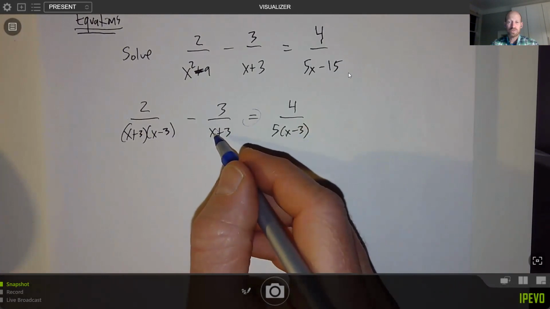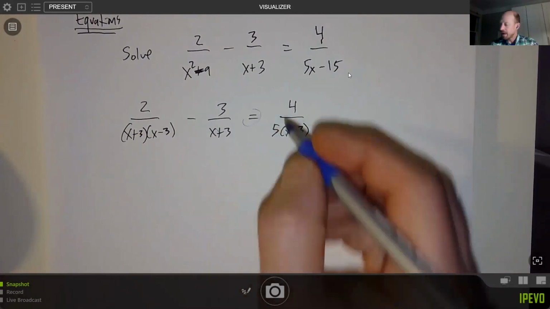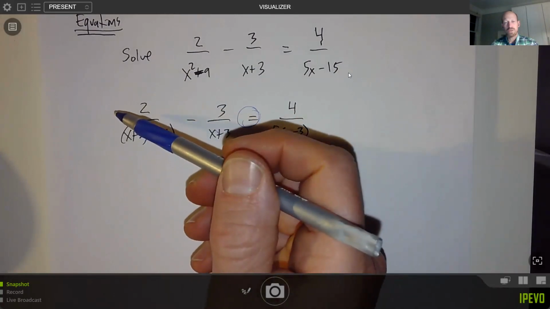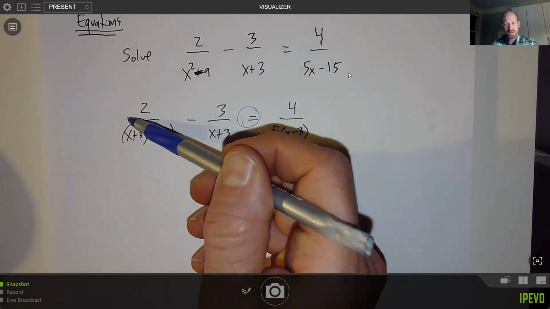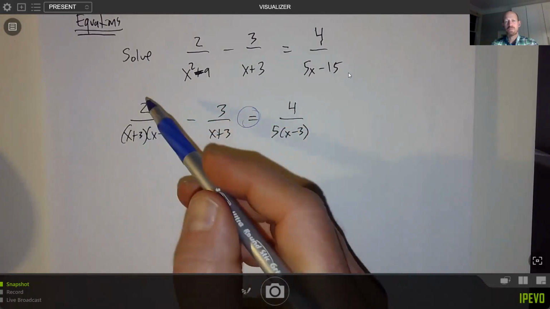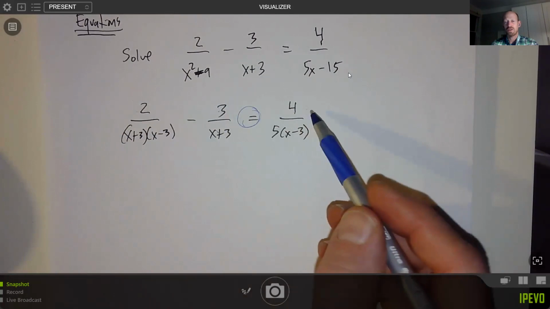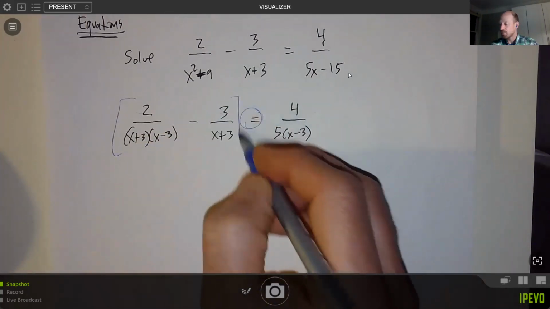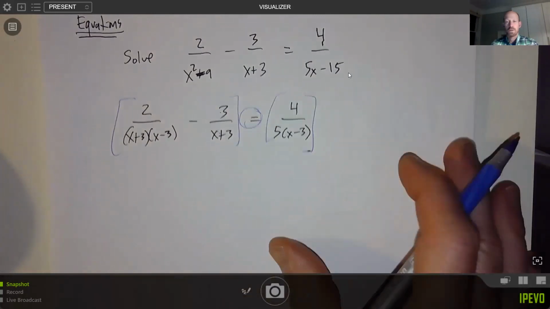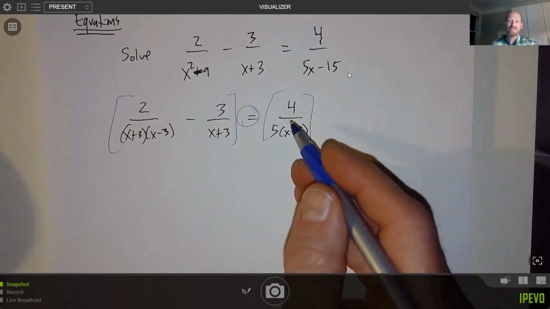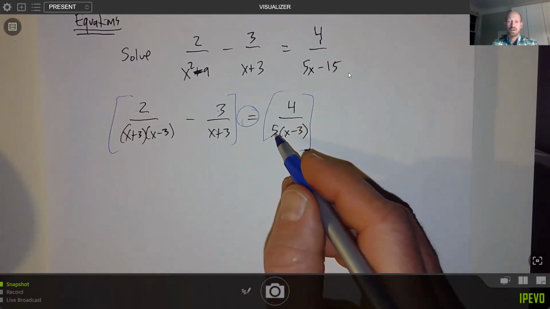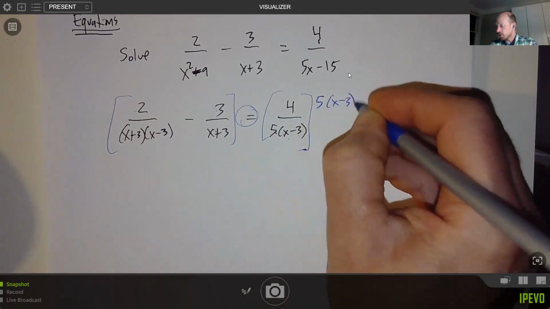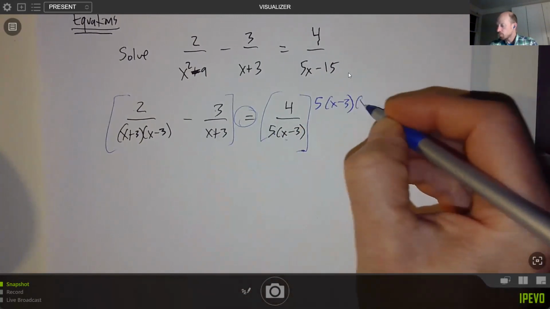I don't want those denominators. And because I have an equation, I don't have to keep things balanced by doing the same thing to the top and bottom like I did in the last problem. I can multiply left and right sides by the same things. And what I want to multiply by is this least common denominator. So I'm going to have a 5 and an x minus 3 and an x plus 3.